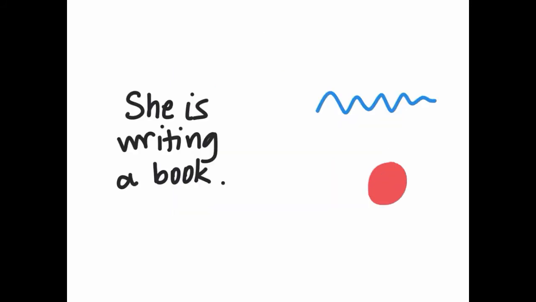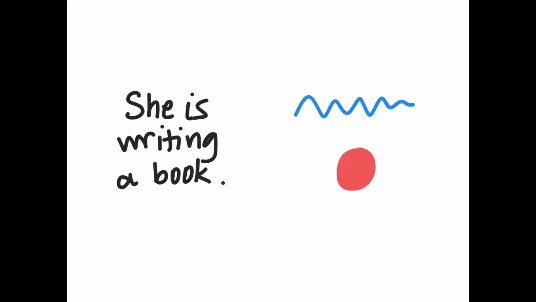So, now we're going to read some English sentences, and if you were going to translate them into Russian, would you use imperfective verbs, the squiggly lines focusing more on a longer process, or would you focus on the result, the red dot, a perfective verb? So, she is writing a book.